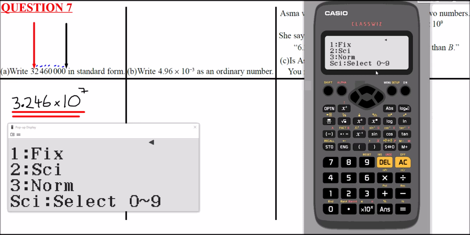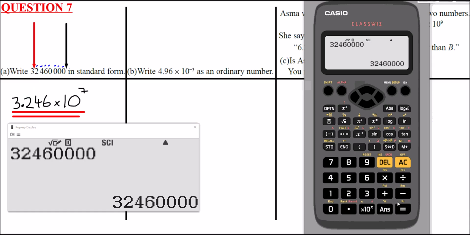And then here, just type in how many significant figures you require. If in doubt, just go for the maximum possible. But hopefully you can see here there's 1, 2, 3, 4 significant figures before any trailing zeros. So we can go for 4 significant figures. Press equals again, and it gives you the answer exactly.